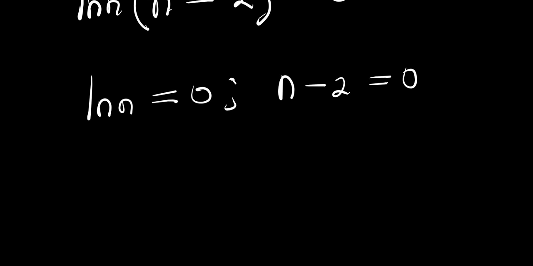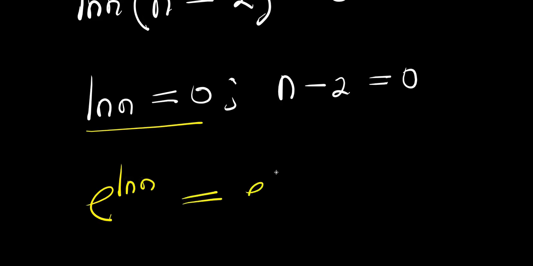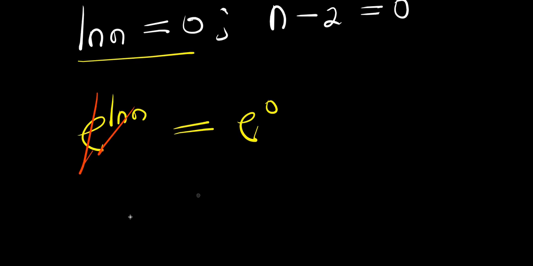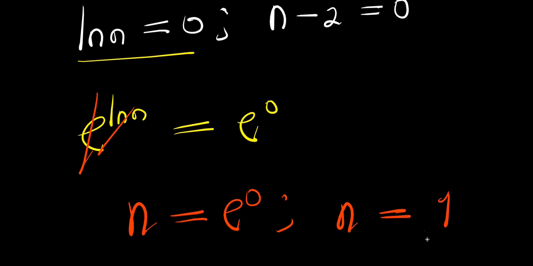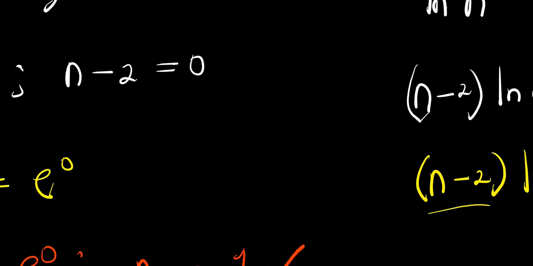To solve this, I make use of e in order to eliminate this natural log. I have e^(natural log n) equals e^0. And like I said earlier, e eliminates natural log n. So we have n left, and this equals e^0, which is 1. Now, we have this linear equation here.